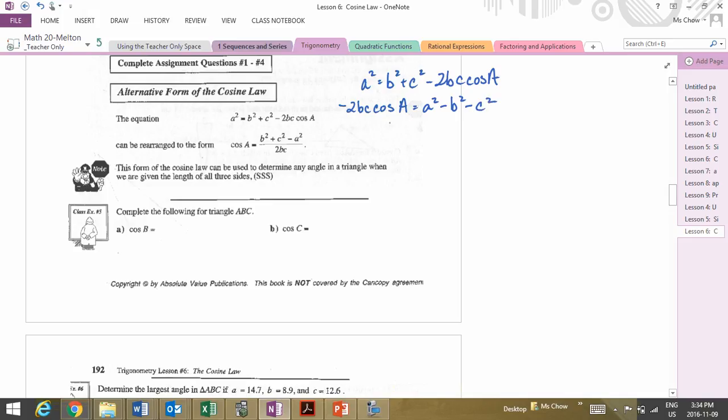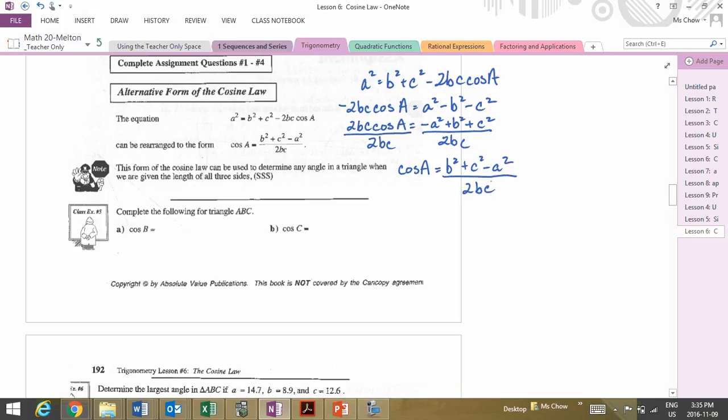And then at that point, easiest piece first would probably be to multiply both sides by -1. So if I multiply both sides by -1, then this side becomes positive 2bc cosine of A is equal to, this is now negative a squared, this is positive b squared, positive c squared. Then we'll divide both sides by 2bc. And so then that leaves us with cosine of A is equal to, and let's take that negative a squared and put that on the end. So we've got b squared plus c squared minus a squared over 2bc.